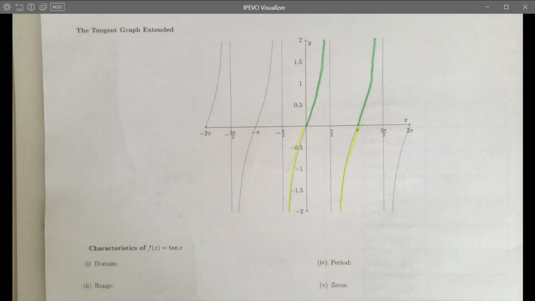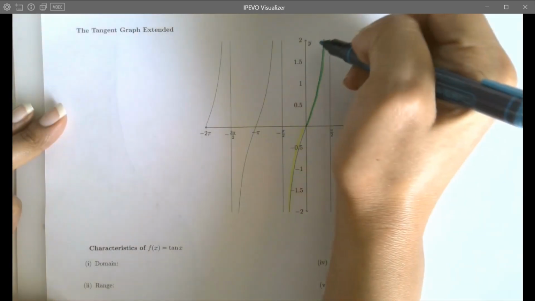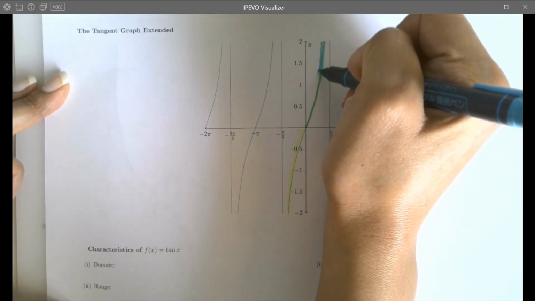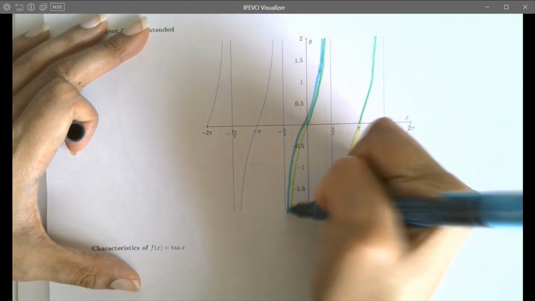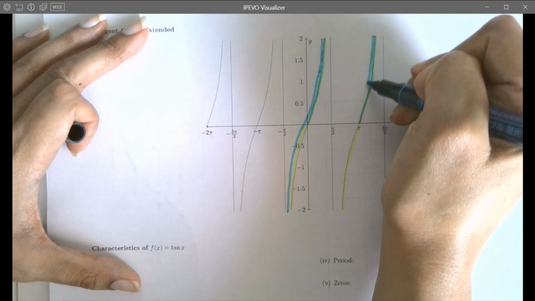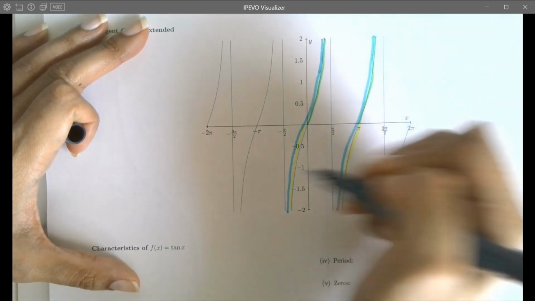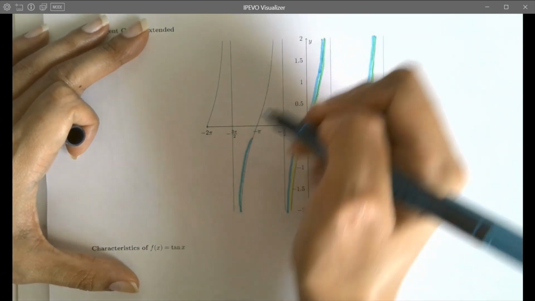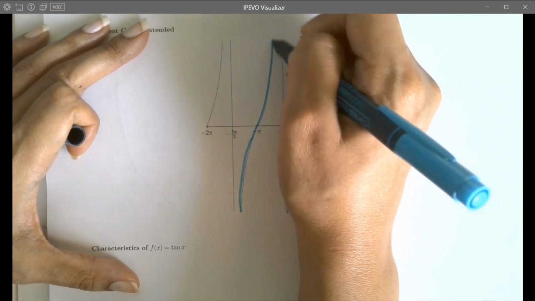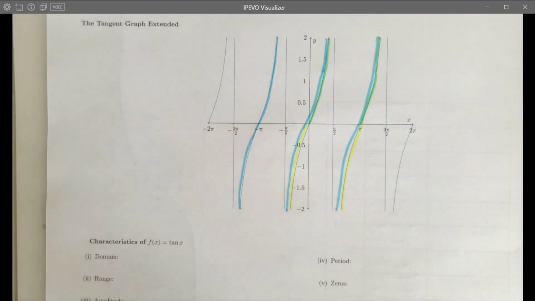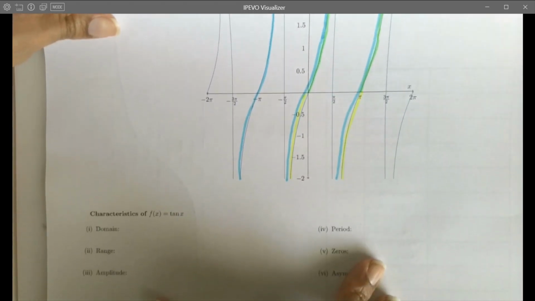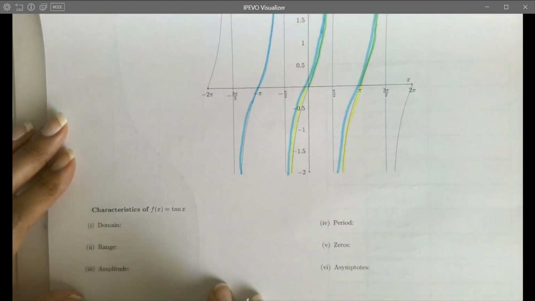So just to make sure that it's very clear to us, this is one whole curve that is repeating in these intervals. We're going to be using that to help us find the characteristics of tan of x.